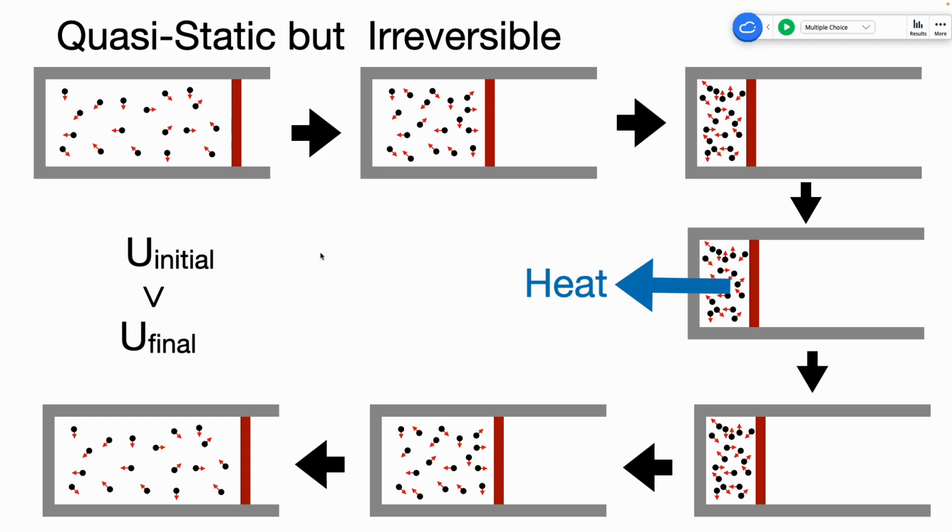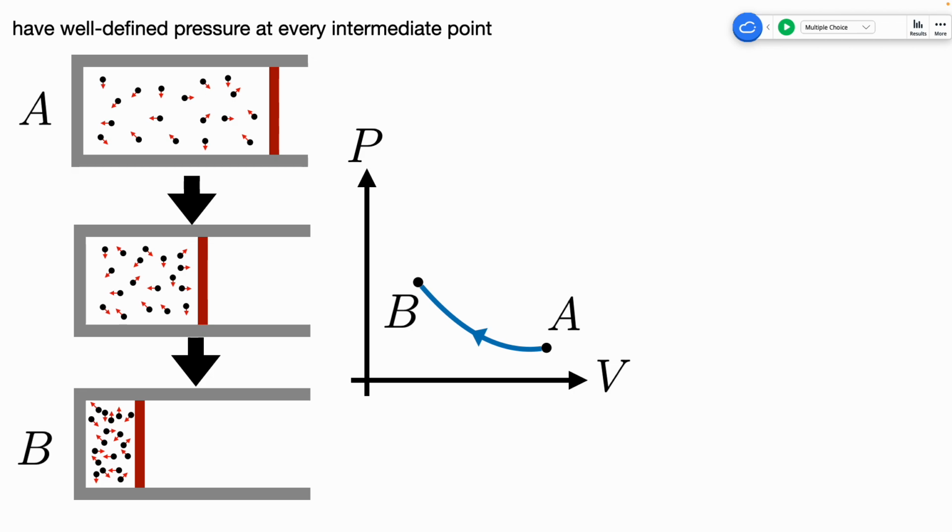All right. So let's try to turn the process into a graph because it is hard to draw all these atoms. It will be easier to communicate if we can read a graph and communicate with a graph. This is the pressure versus volume.